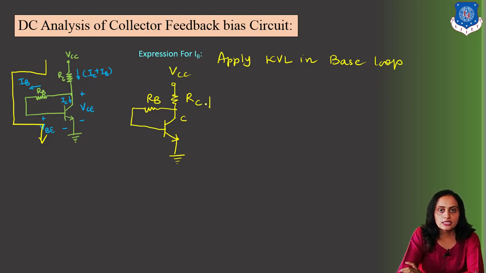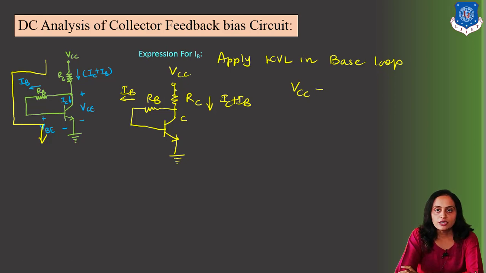So this is VCC, this current is IC plus IB, and this current is IB. If we disconnect this terminal, then also it's okay. We are applying the KVL in this particular path. So let us write the equation for KVL.